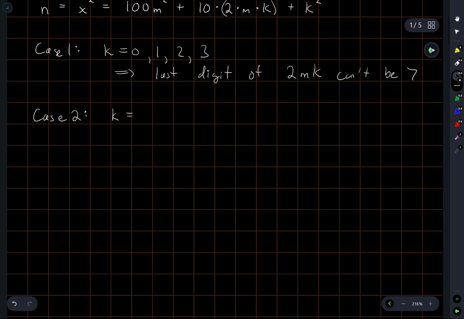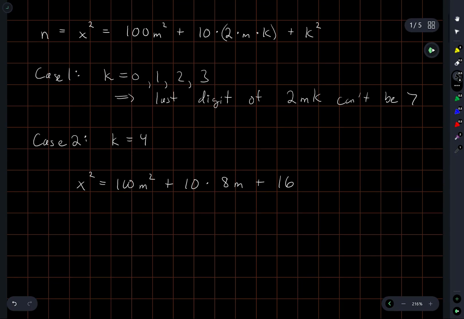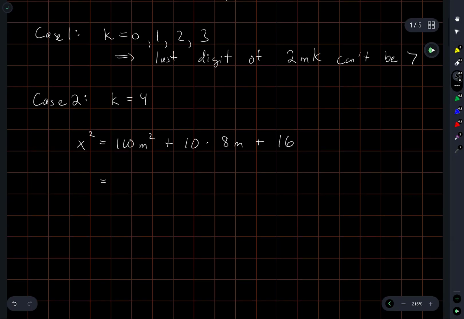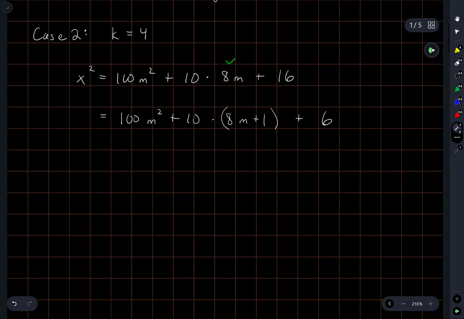This is when k is equal to 4. Then what I have is x squared is equal to 100m squared plus 10 times 8m plus 16. So k squared is now equal to 16. But I want to write this as if it's a base 10 expansion. So I'm going to shift the tens digit of this last thing, this 1, into here, like this. And I need the last digit of this quantity to be equal to a 7.